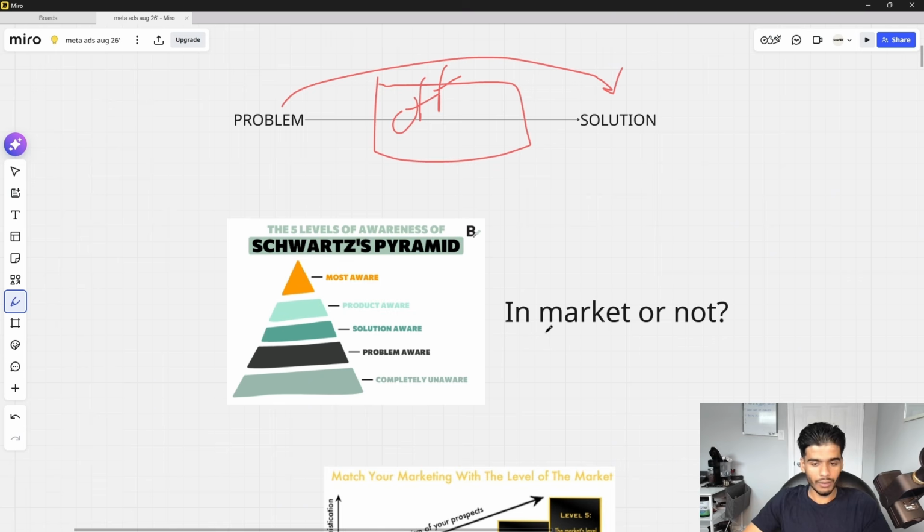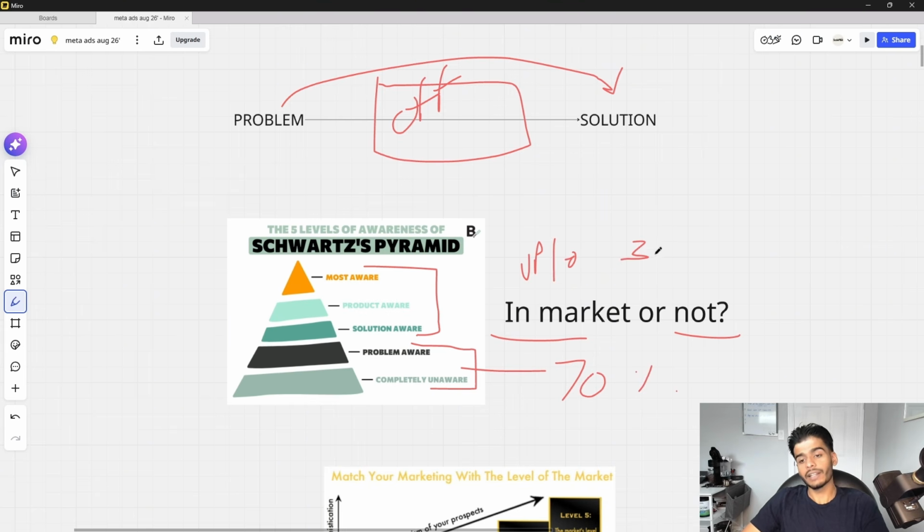First of all, is your offer in market or not? Meaning, does it fall within these three or does it fall within these two? See, this is a larger chunk of the market, it's 70% plus, and this is usually up to 30% max in 99% of markets, right?